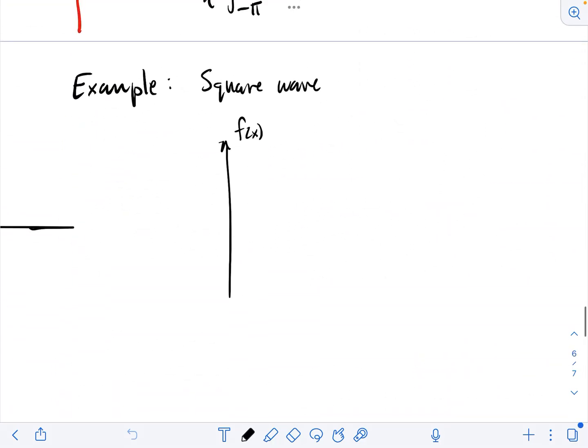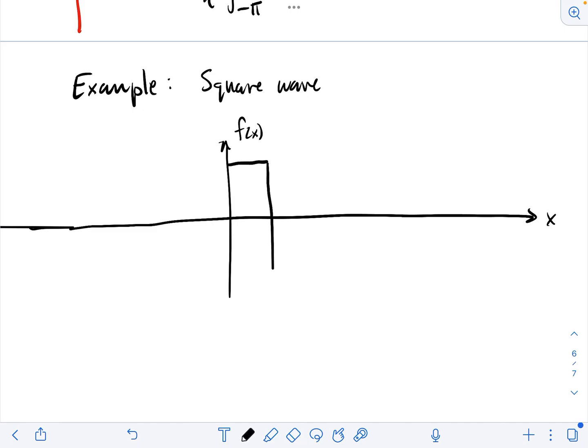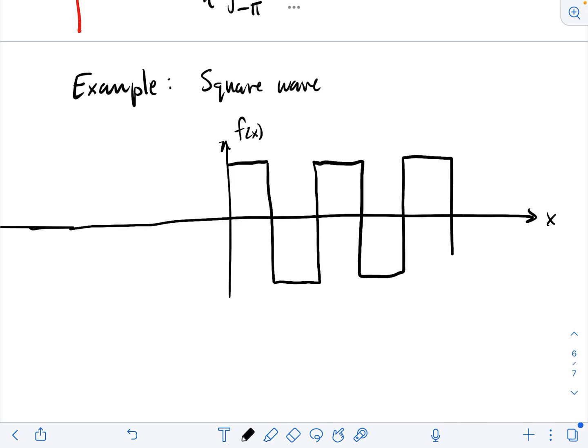Okay. So what we'll do is we'll have the square wave be high, and then low and high, and low and high, low and high, and so on. And then it'll also go to negative x values. Something like that.